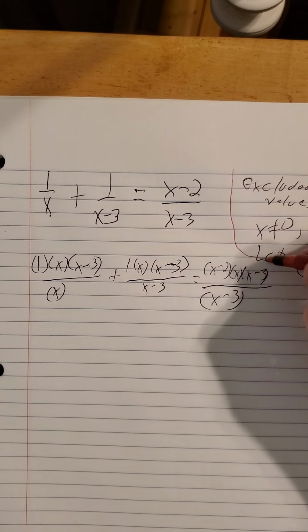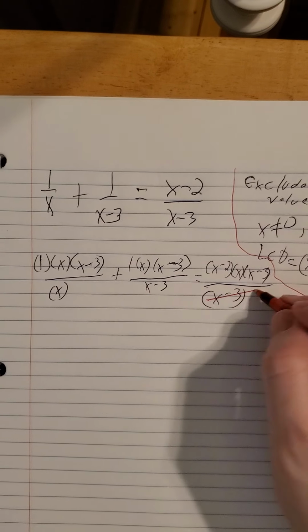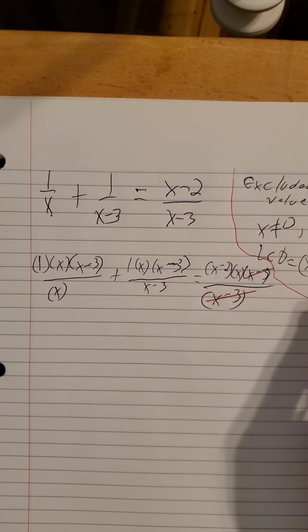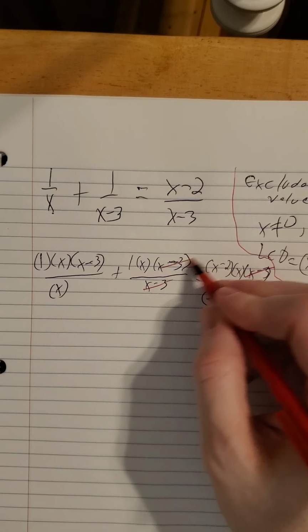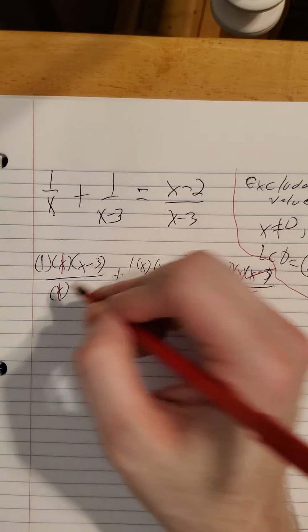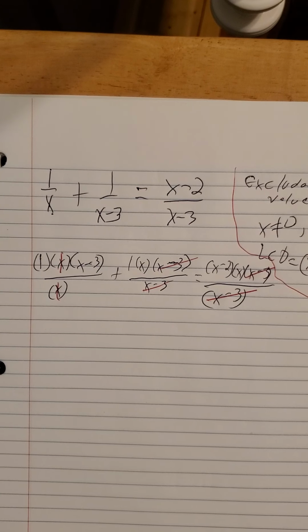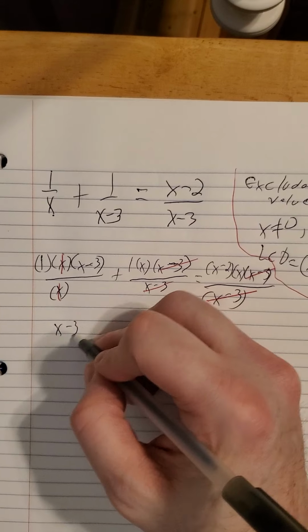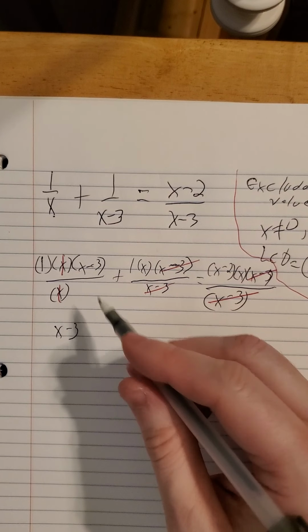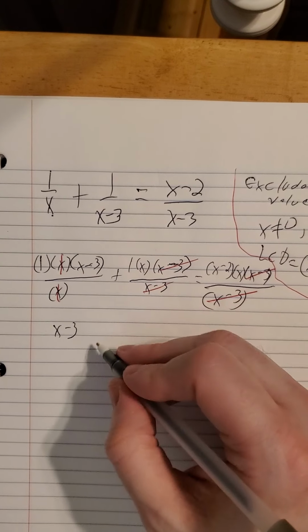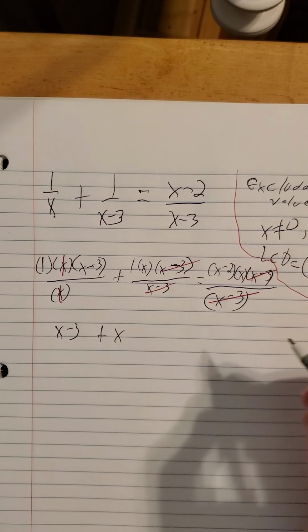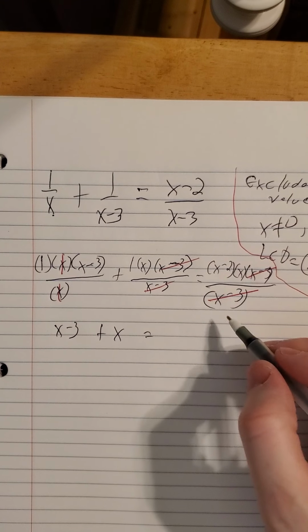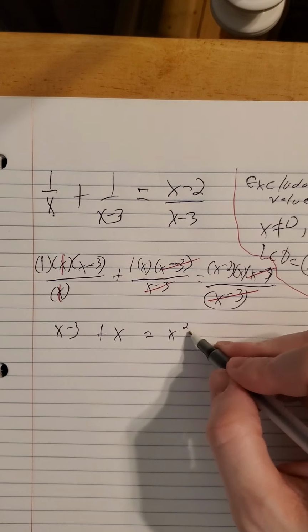All right. So x minus 3 over x minus 3 is 1 as long as x isn't 3. And x over x is 1 as long as x is non-zero. And we've stipulated both of those points. All right. So 1 times x minus 3 is x minus 3. 1 times x is x. And we have a little bit of distributing to do on that right-hand side.